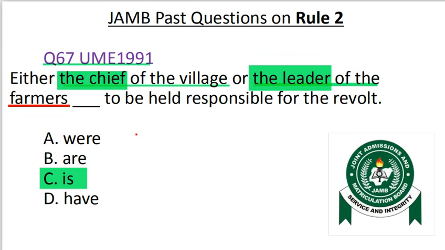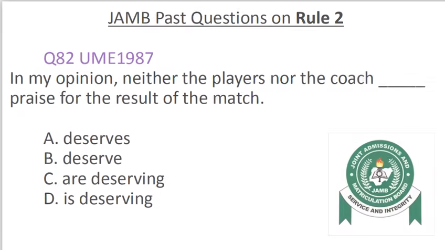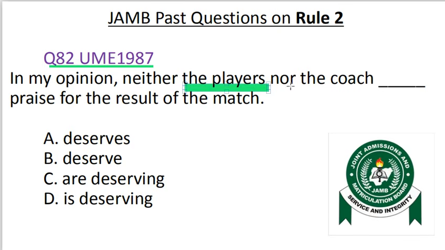The last question for this rule is question 82, UME 1987. In my opinion, neither the players nor the coach dash praise for the results of the match. A, deserves; B, deserve; C, are deserving; D, is deserving.